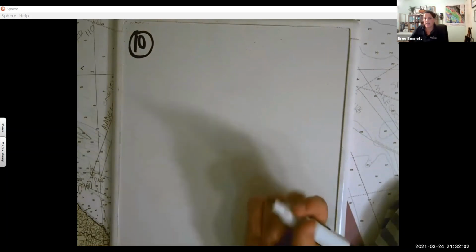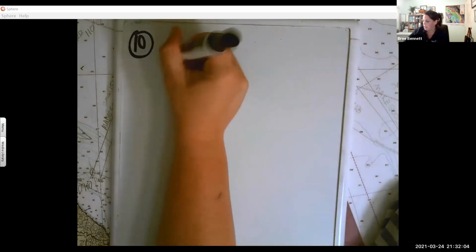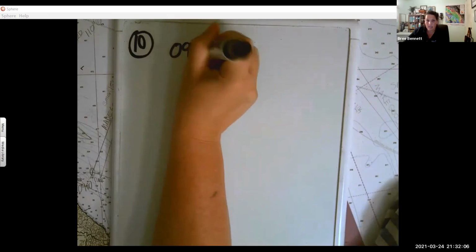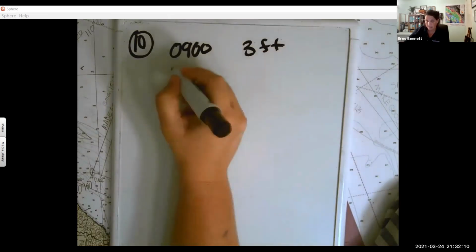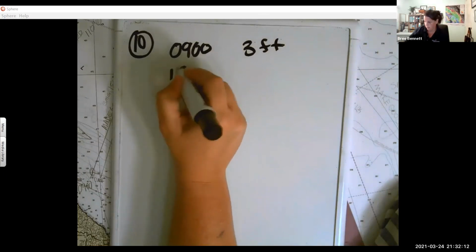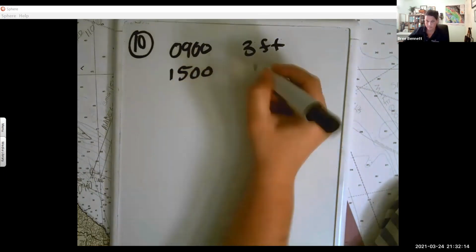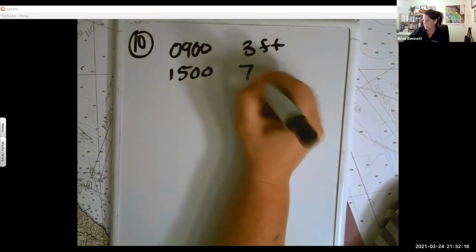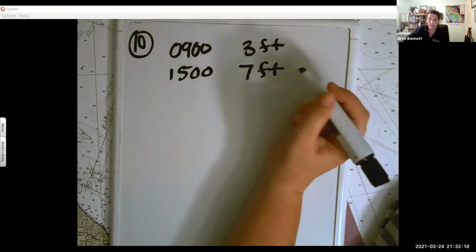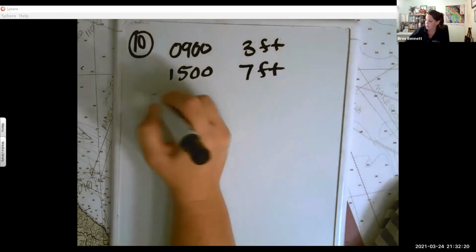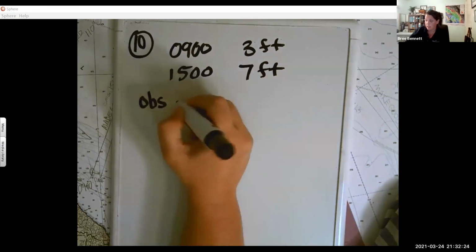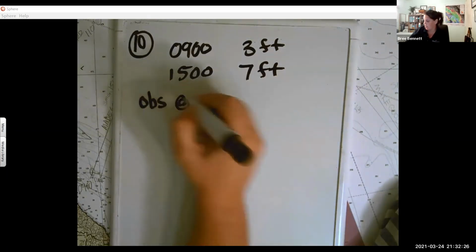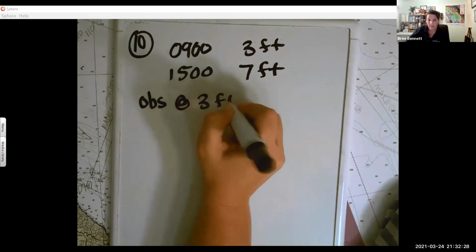After looking up the tide information, you see at 0900 we had a 3-foot tide. At 1500, we had a 7-foot tide. Okay, we have an obstruction at 3 feet.